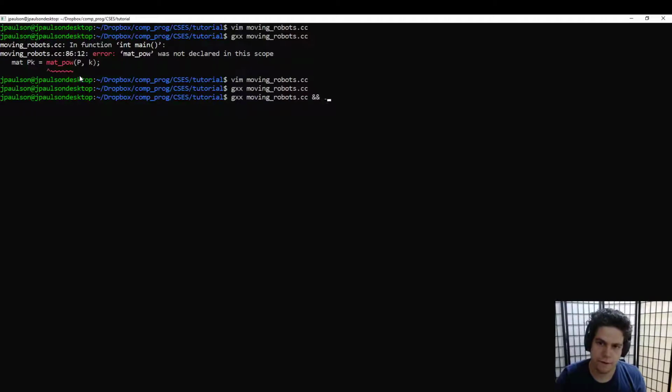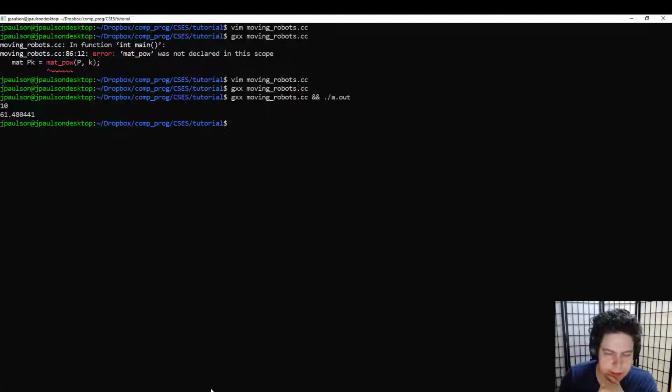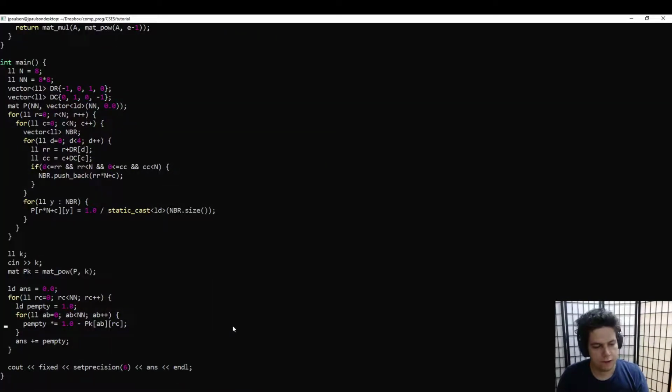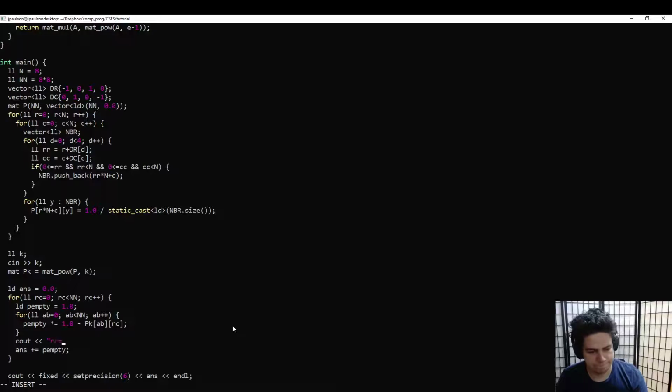Okay. 61 is not correct. All right. Expected number of empty squares.